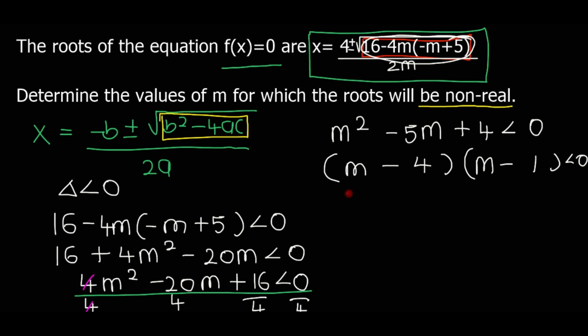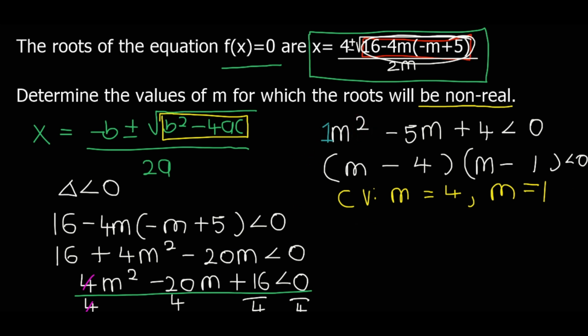So here I know that our critical values are m equals 4 and then m equals 1. So these are the critical values, and then from there you can see that our equation has the coefficient of the square term as positive.